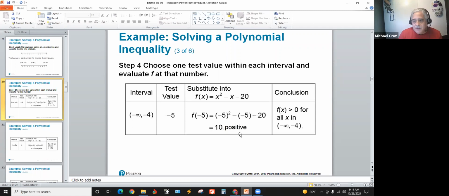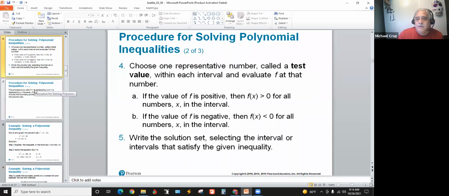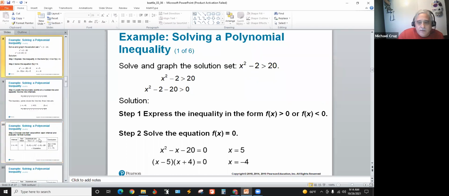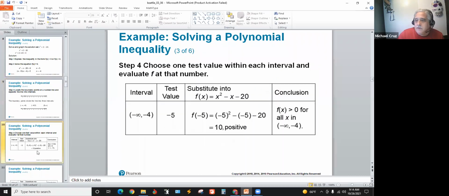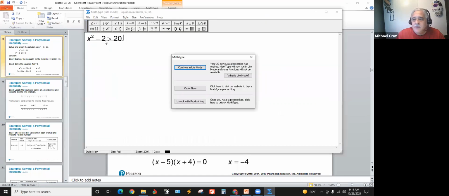And since that's positive, it makes this statement true, because 10 is greater than 0 once we put it in there. Anyway, you know what? This is messed up. I'm just now noticing that.